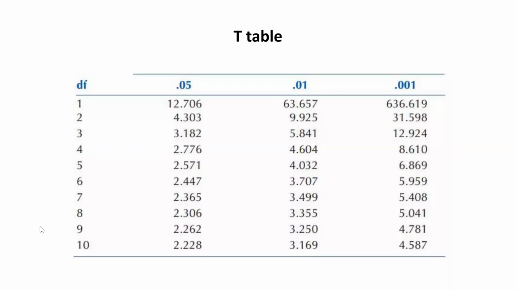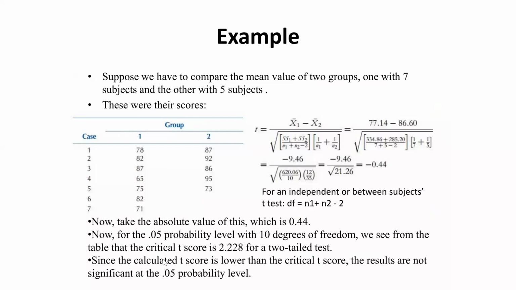So after this, we are now going to look at how we interpret that value. Since the calculated t-score is less than the critical t-score, the results are not significant at the 0.05 level.